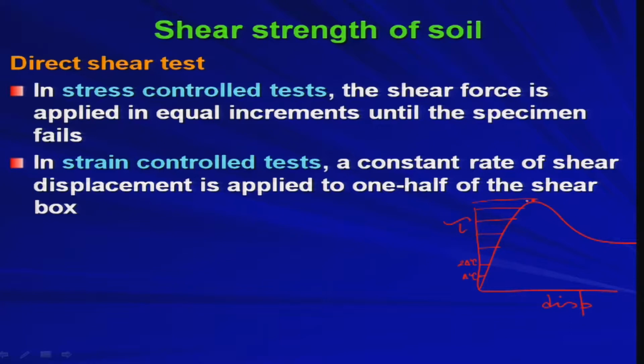So, you are gradually increasing the shear stress, that is the stress control test you are performing. Okay. In the stress control test, once you reach the peak, then further this part from this point to this point you cannot capture, because this part cannot happen with the increase of stress. Have you understood this thing?